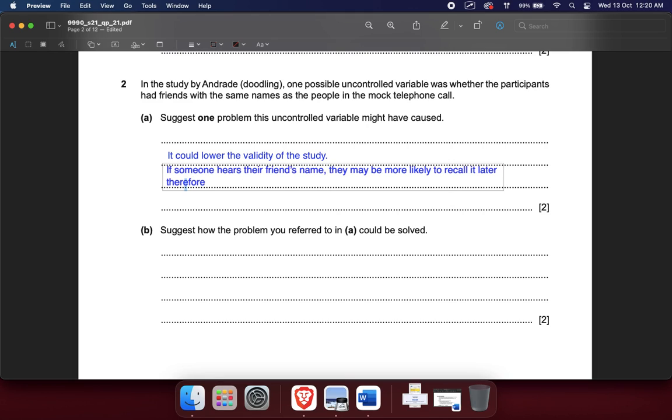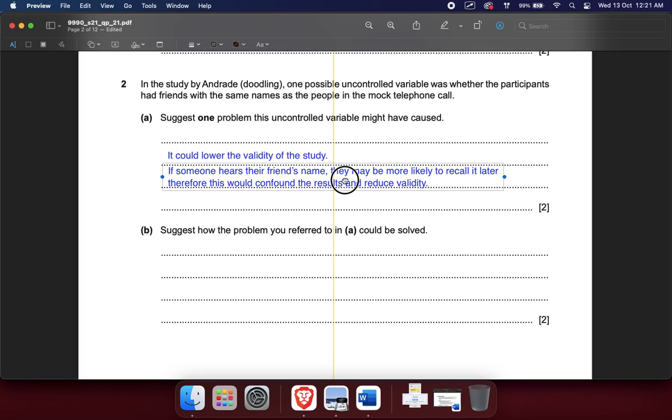Therefore, the IV is being affected. Therefore, this would confound the results and reduce validity.